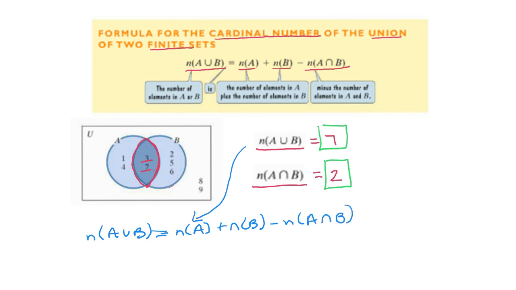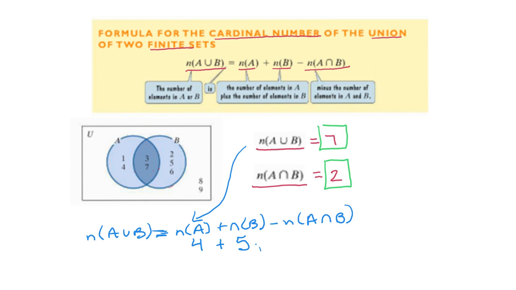All right, so if we look at the cardinality of A and we count how many elements are contained in set A, we would see that there are 4 elements. So that's going to give me 4. If we count the number of elements in set B, that's 2, 3, 5, 6, 7, that is 5 elements. And then we subtract, that's supposed to be a subtraction sign.